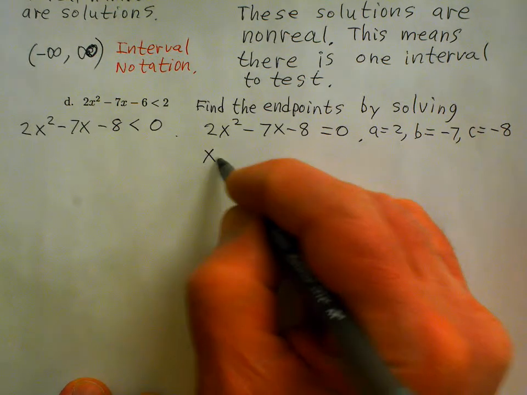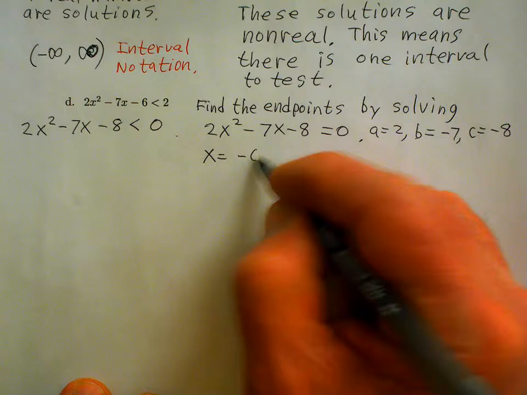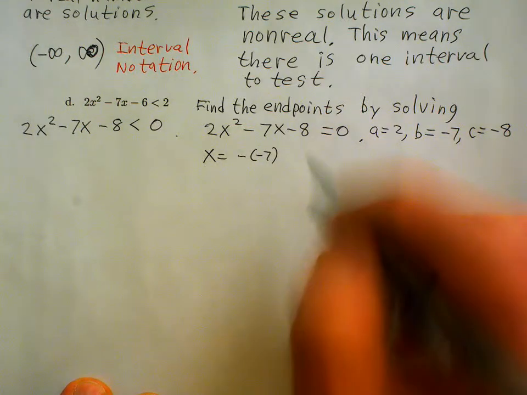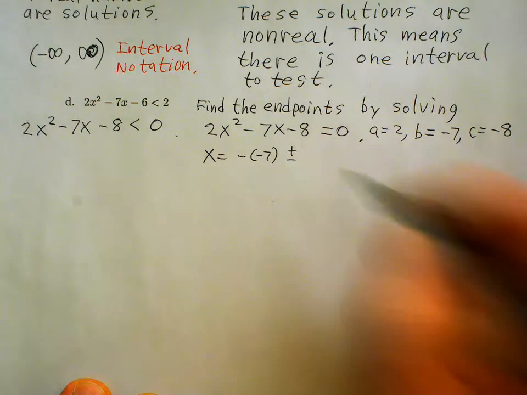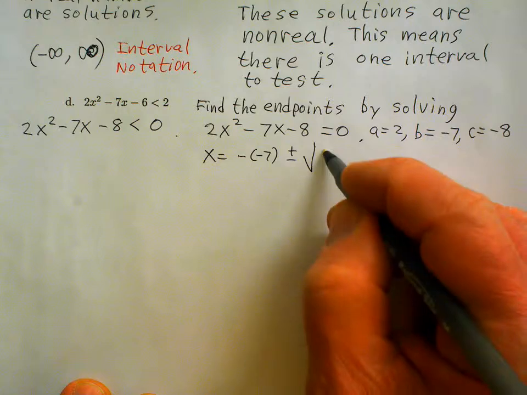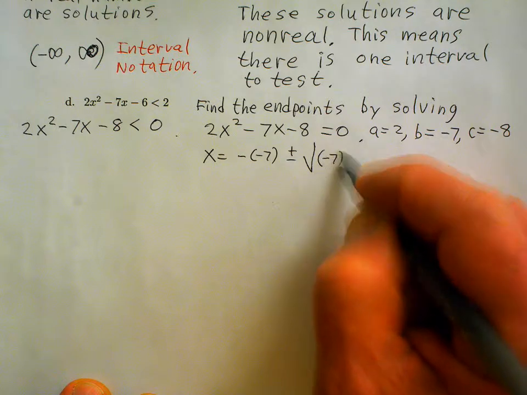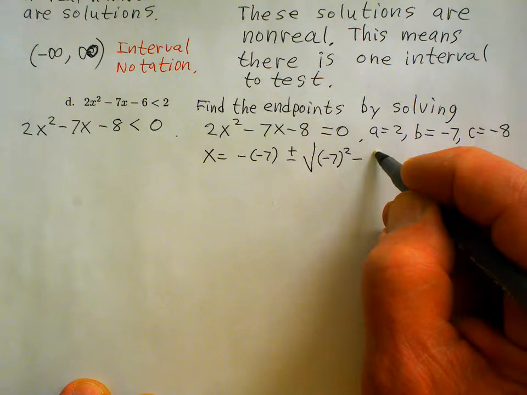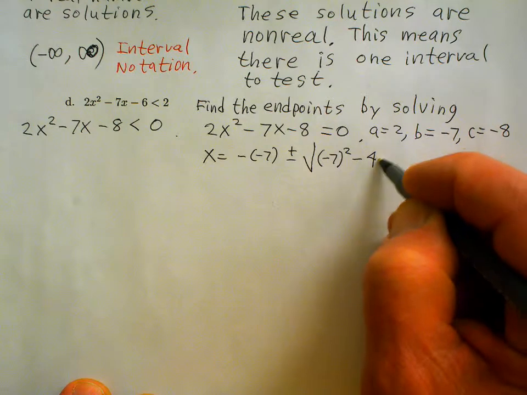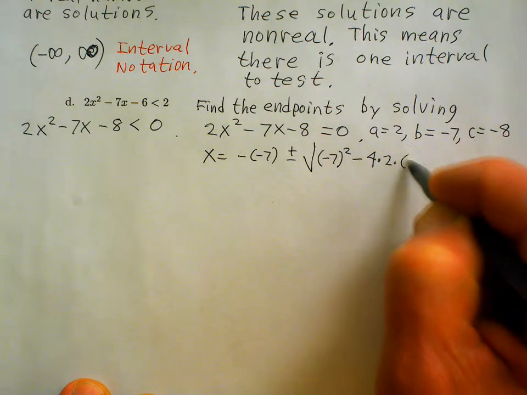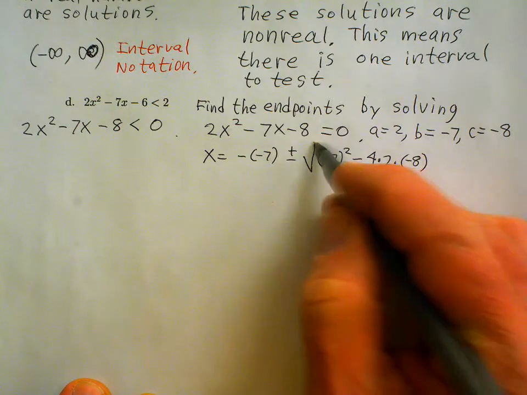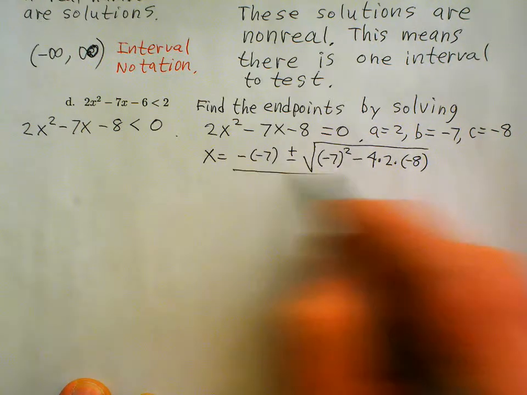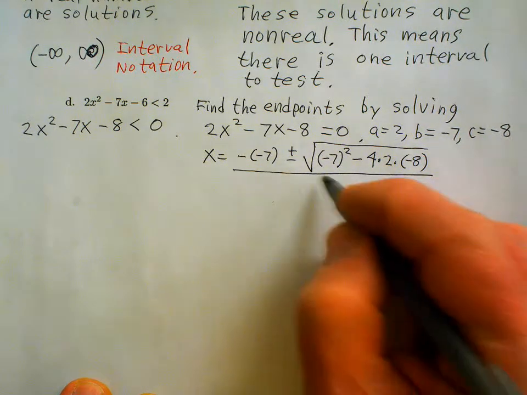So x equals the negative of negative 7 plus and minus the square root of the number negative 7 squared minus 4 times 2 times negative 8, all divided by 2 times 2.